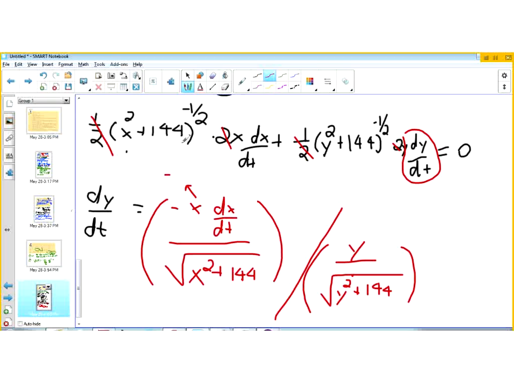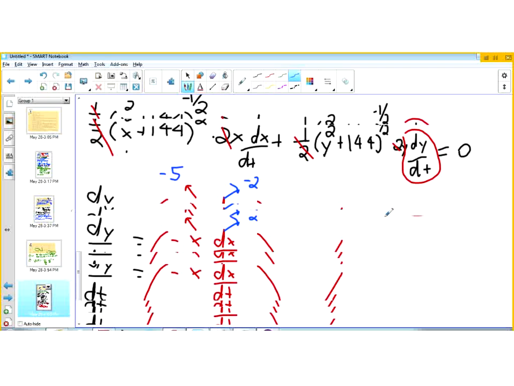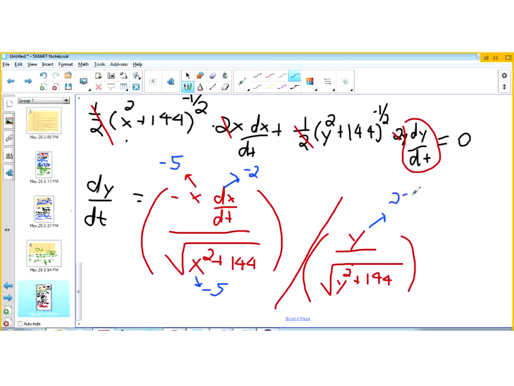Okay, so that's the formula for dy over dt when solving algebraically for this term right here. Here's your formula. Okay, and so now x is negative 5. So you have to plug in negative 5 for x. So it'll be minus 5. dx over dt is negative 2 feet per second. Okay, that's x is negative 5 there. And y we said was 23.065. So 23.065 there.